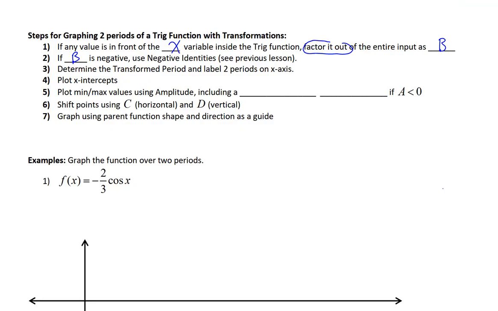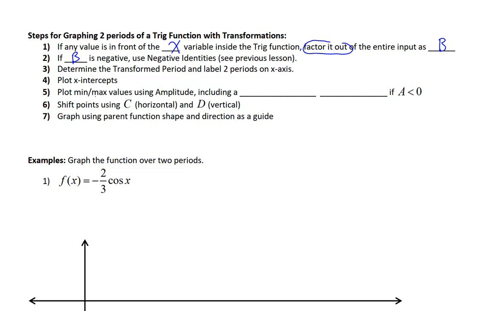But for sine and cosine, we're going to use that little formula for the transformed period. And then label two periods on the x-axis. This really isn't that bad. It's a matter of just counting by the certain fractions we have for our special arcs. Then we'll plot the x-intercepts, and this is all based on the unit circle values, as you'll see. So we'll be recalling a lot of that.